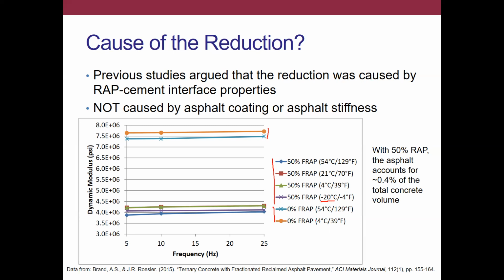All right, and then similarly at higher temperatures, upwards of here we did up to 54 degrees Celsius, of course, the modulus of the asphalt is significantly lower. Right, but what we find is that the dynamic modulus does not appear to be dramatically affected by the temperature, right?